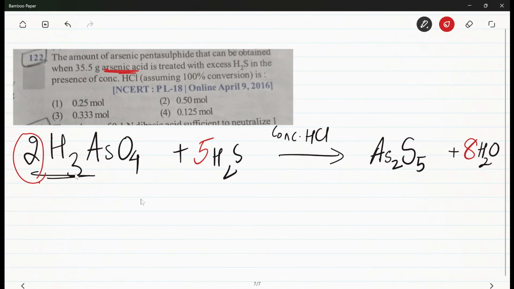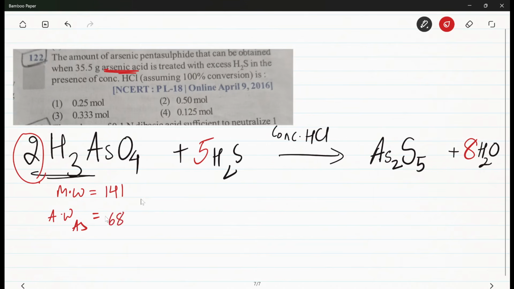They should give this point, right? Otherwise it is difficult. Molecular weight of this one is 141. 141 means the atomic weight of arsenic is 141 minus 3 minus 64, around 74 or 75.